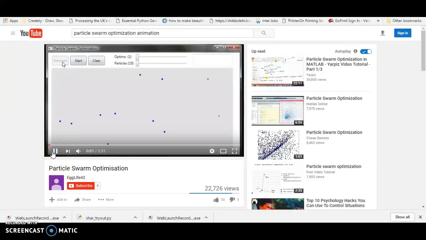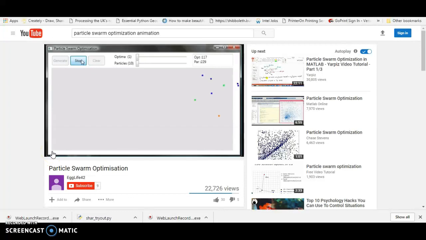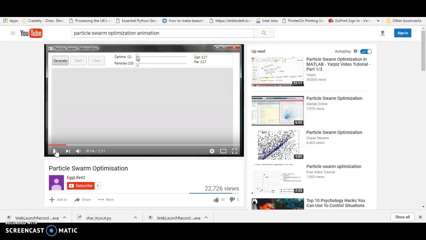So the blue dots represent different particles which are moving around in the search space, and the orange dot represents the best solution for that particular problem.